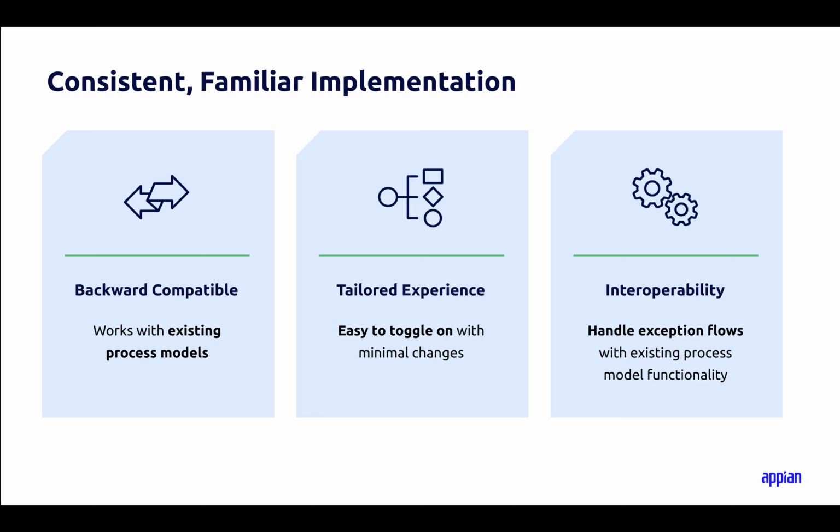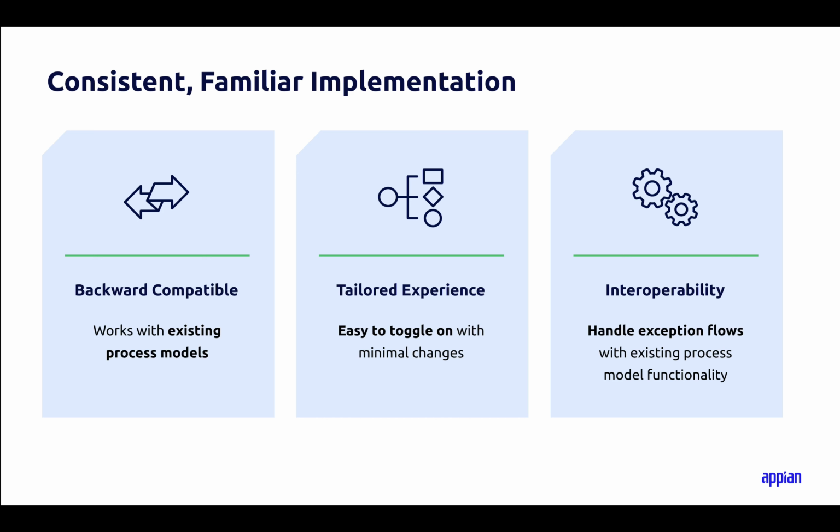We are making sure that you can use Autoscale effortlessly with our familiar and guided developer experience. Moreover, processes using Autoscale can easily interact with processes that don't, using sub-processes and start process smart service, making it simple to handle any exception flows like the ones that require input from users.